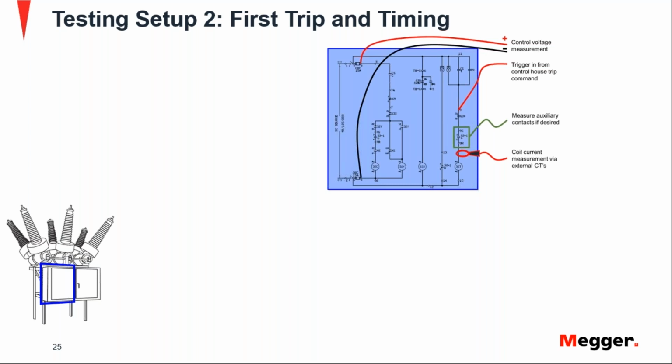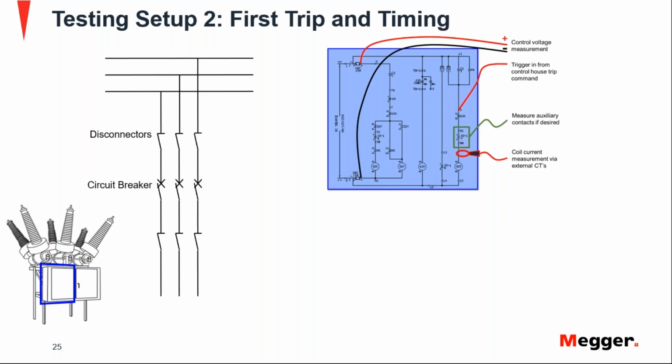We'll collect more information. So in this case, what we are going to do is to focus on the primary circuit. We are not going to connect to the primary circuit, but there are CTs in this circuit in the load side of the breaker. And so basically these CTs are represented here.